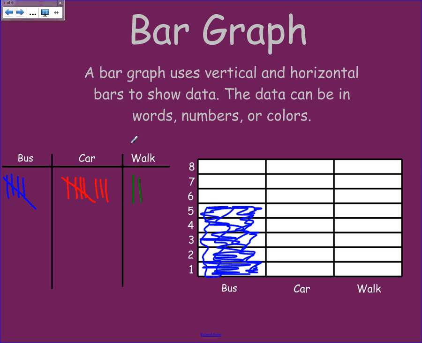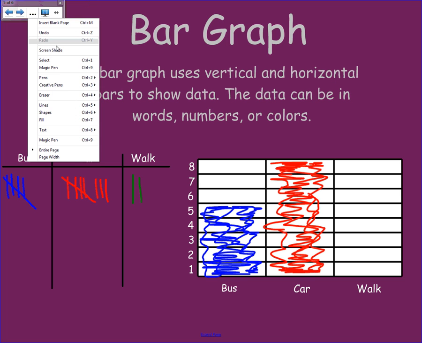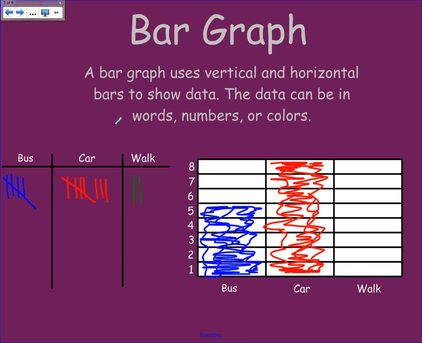Right, 8, so we would color 8 blocks. How many tally marks do we have for walk? 2, so we would color 2 blocks.